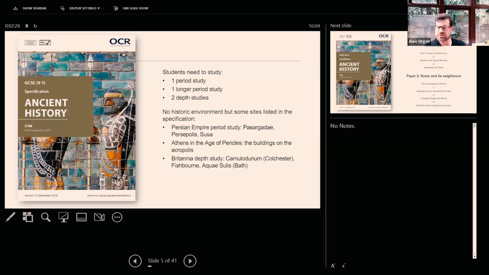There is no historic environment requirement in the DfE subject requirements for the qualification, but there are listed in the specification some sites that students would have to study in particular components.